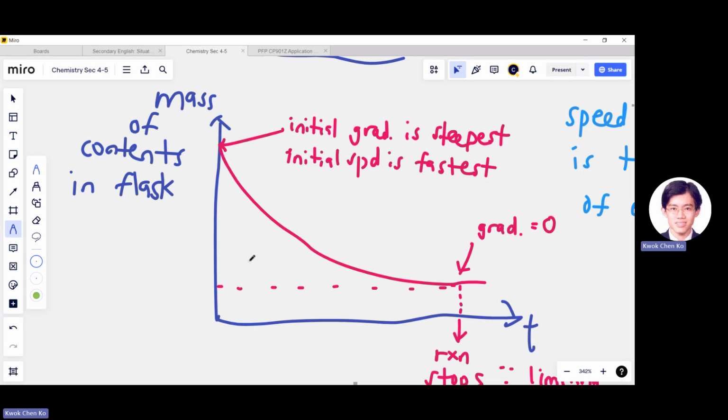Why is the initial speed the fastest? It's your turn. Write down, initial speed is the fastest because the greatest amount of reactants are present.